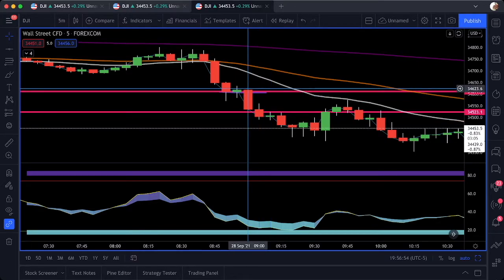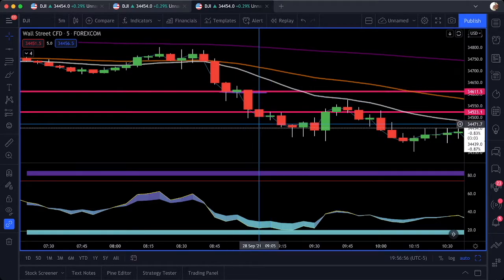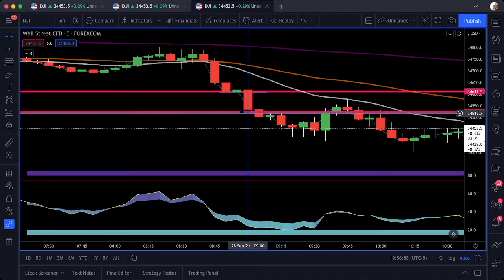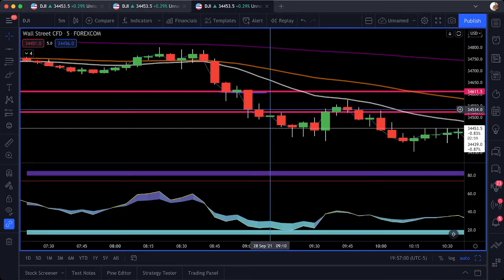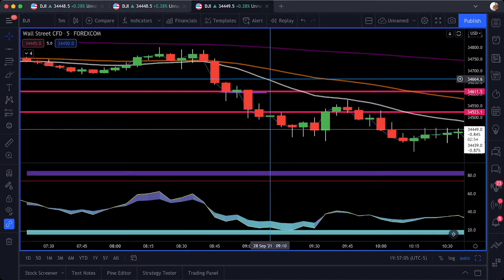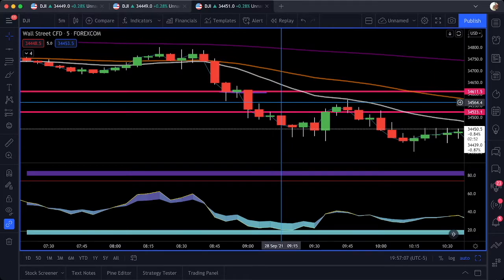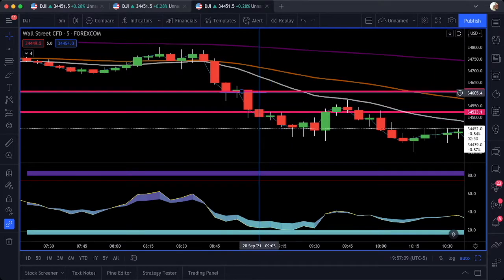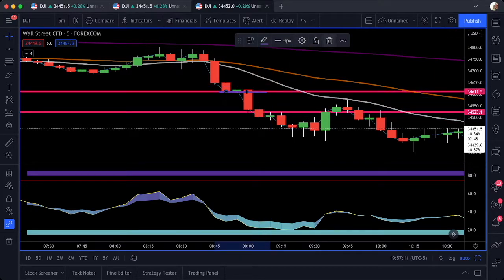But because I got in lower, I didn't want to risk the chance of that being a full-on reversal and losing all of my gains. So that's when I exited this nice low green candle right here.